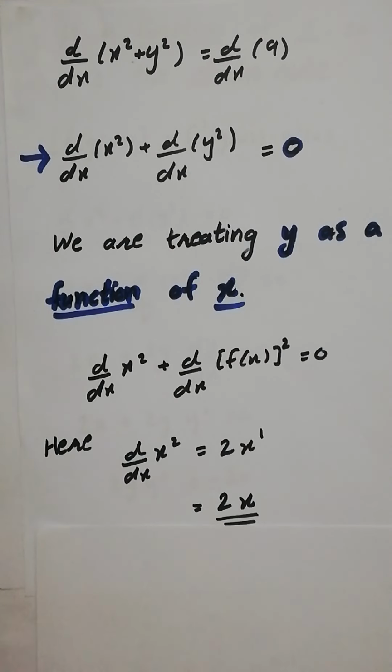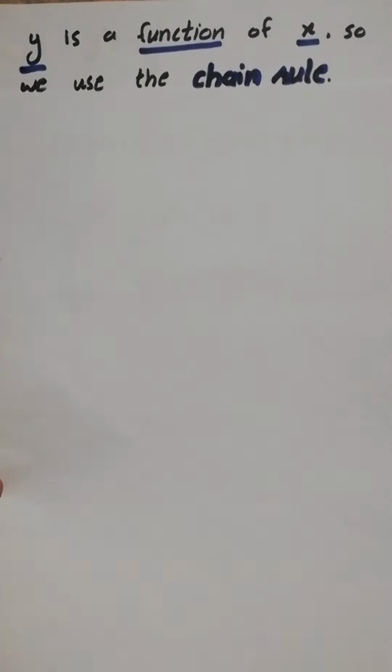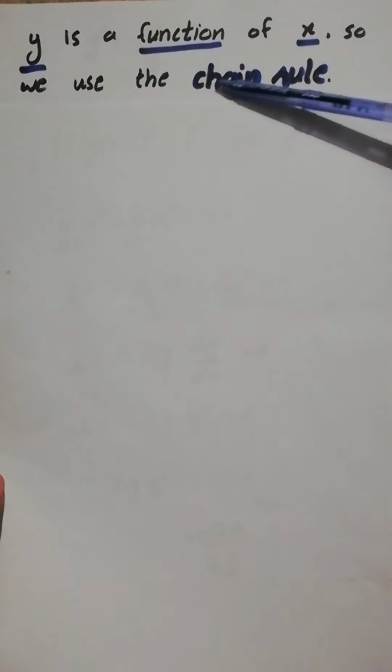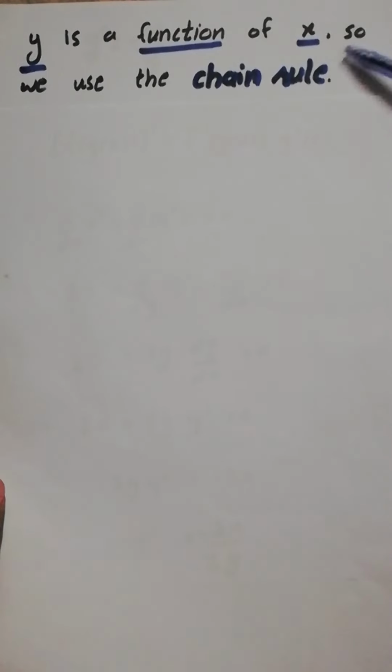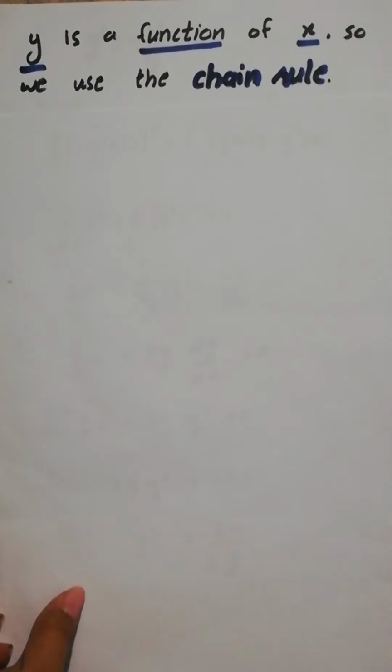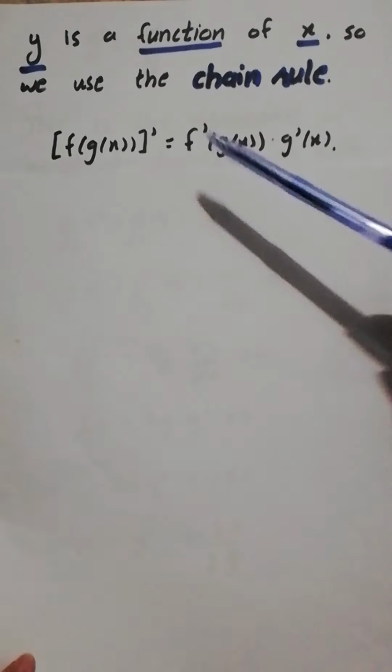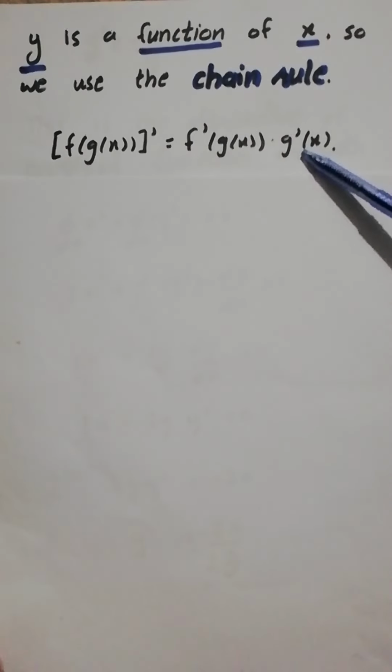For that reason, we have to use the chain rule, and remember, as y is a function of x, we use the chain rule. The derivative of a composite function is the derivative of the outer function times the derivative of the inner function.